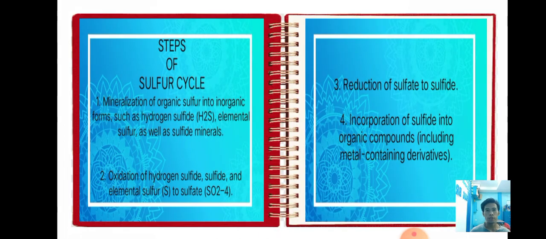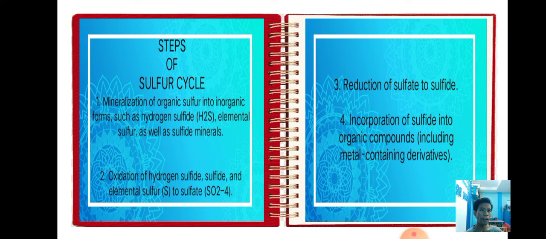So the steps of the sulfur cycle: first, mineralization of organic sulfur into inorganic forms such as hydrogen sulfide, elemental sulfur, as well as sulfide minerals. The second one, the oxidation of hydrogen sulfide and elemental sulfur.